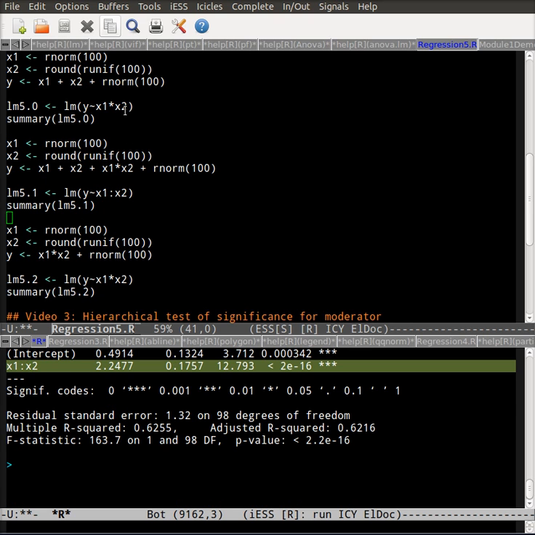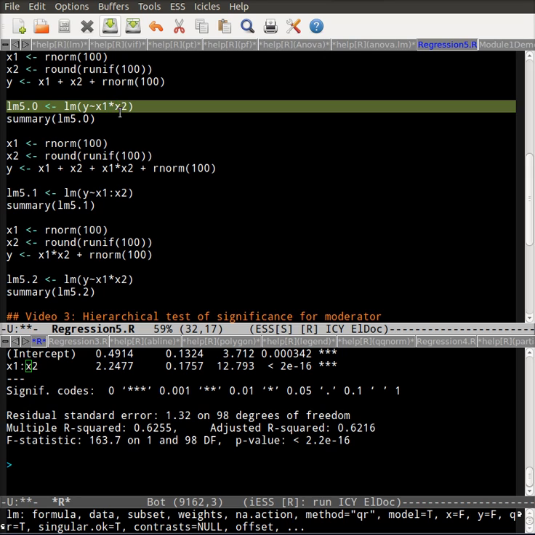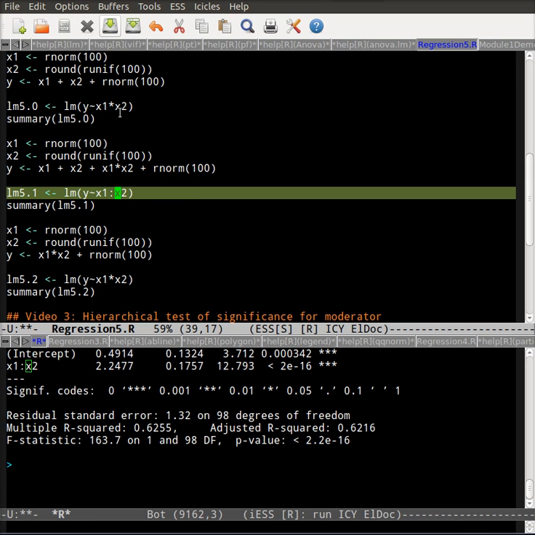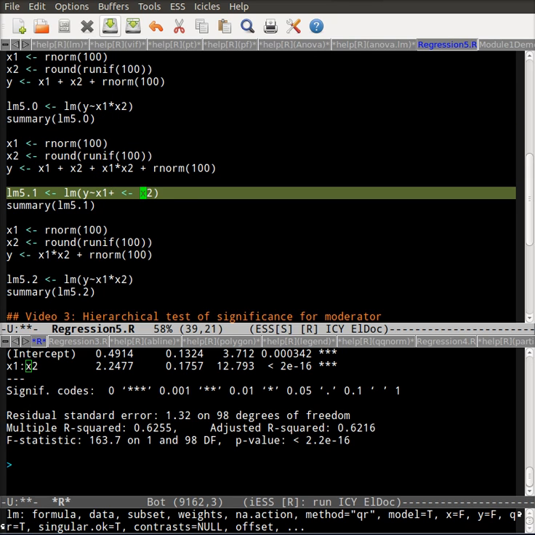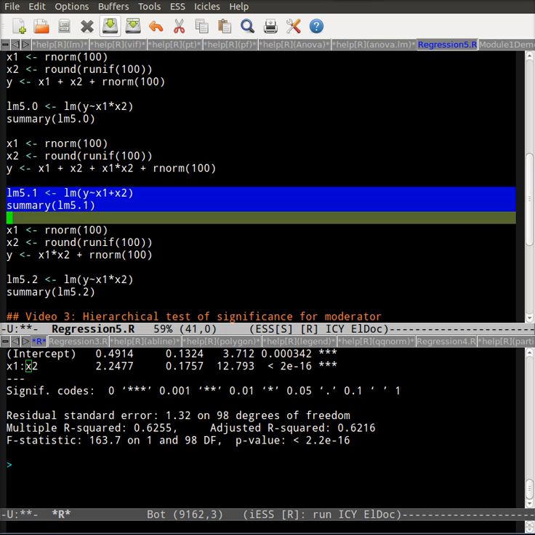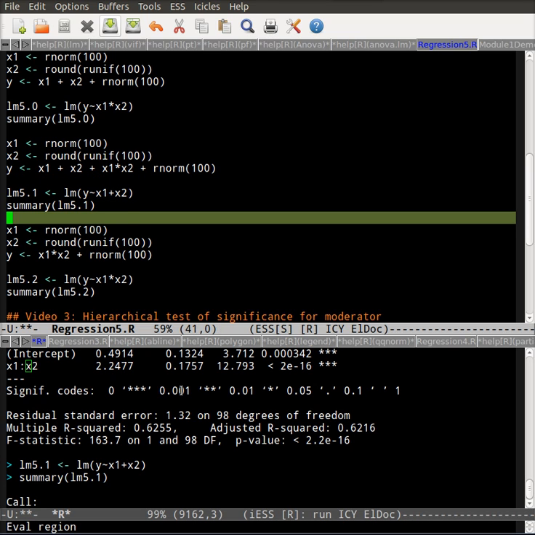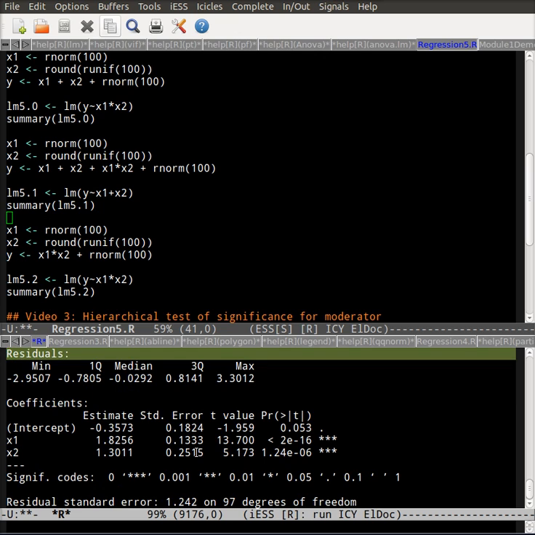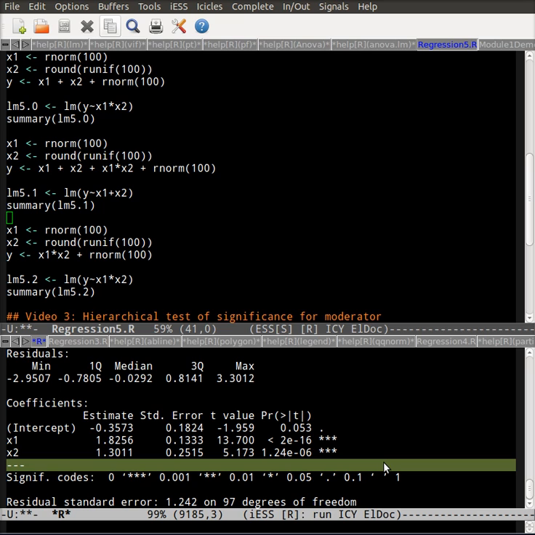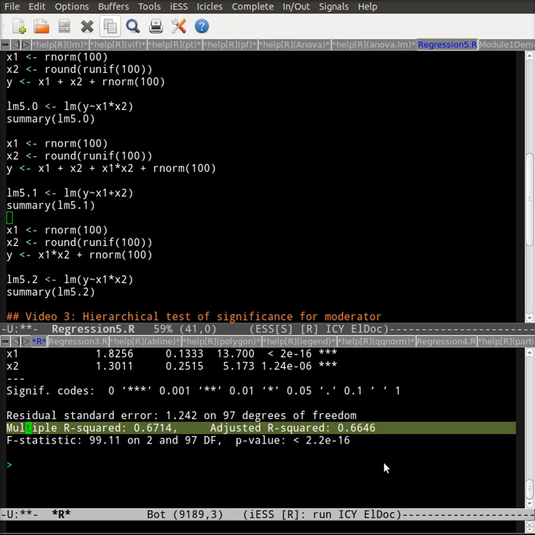Now, what would happen if, with this data, I modeled only the additive effects? It would be misleading. And the reason why it's misleading is it doesn't tell the total story that x1 and x2 are both important.